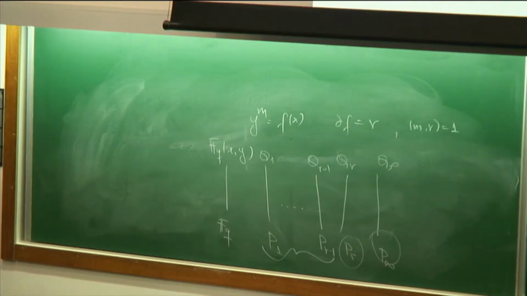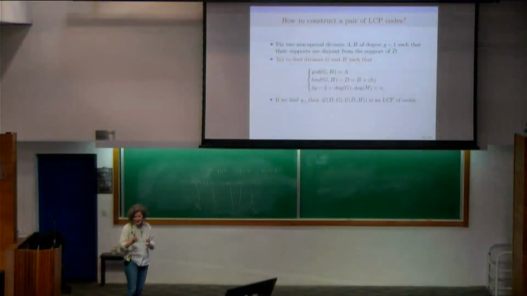Okay? So how can you use all these things together to construct linear complementary pairs? Well, you fix two non-special divisors of degree g minus 1, like that. And then basically you try to solve a certain system of equations. Well, this is really a simple idea of how to do things.